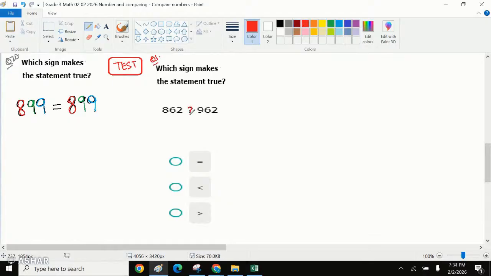So this sign should be replaced by which of these? Equal to, less than, or greater than? Which is greater? 862 is greater than 962? Rebecca, which is greater?